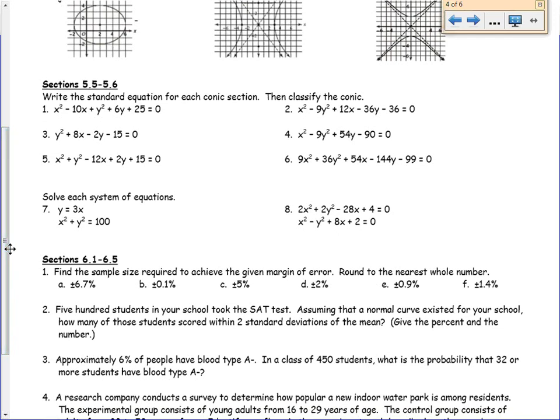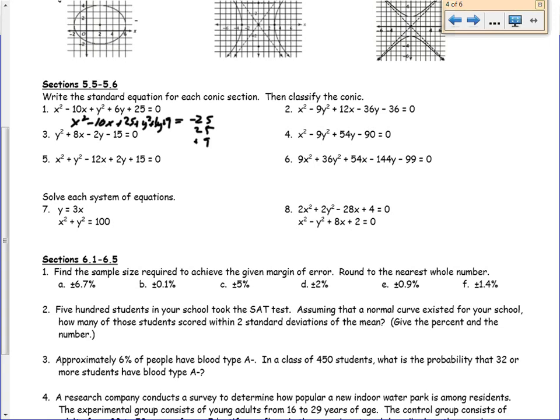Again, guys, the thing that has got us with these, we don't sometimes go through the steps. This is a circle. Guys, this is a circle. If you're going to write it in standard form, you have to go x squared minus 10x. You have to move the 25 to the other side. Half of 10 squared is 25, so that gives you 25. So y squared plus 6y, half of 6 is 3 squared is 9, so that's plus 9.